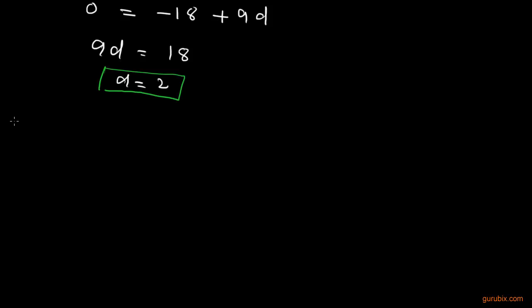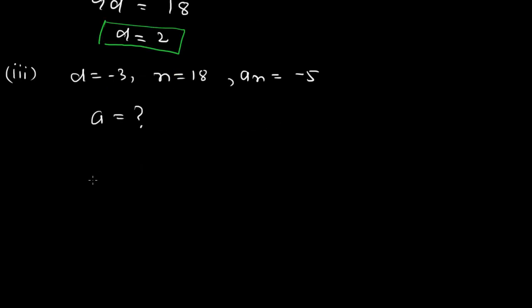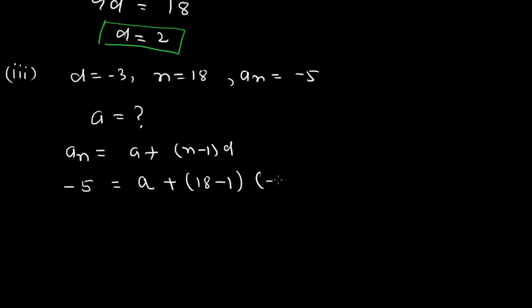Let us solve the third part of this question. In the third part, D is given minus 3, N is given 18, and AN is equal to minus 5. We have to calculate the first term. This means we have to calculate A. So we shall use the general term once again, AN equals A plus N minus 1 into D, and we can put the values of AN, N and D. AN is minus 5, N is 18 and D is minus 3.